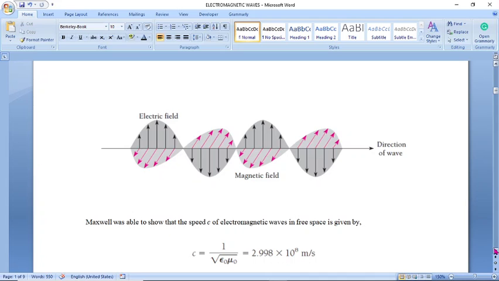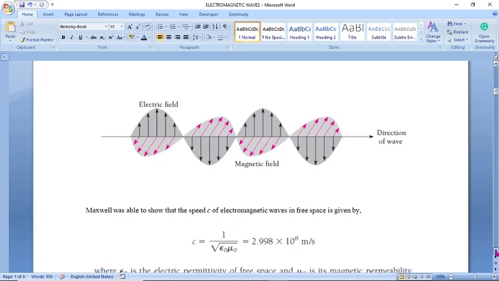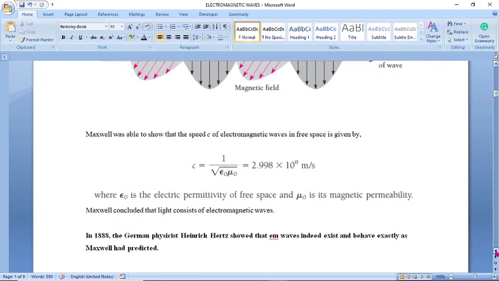And Maxwell showed that electromagnetic waves travel in free space with the velocity of light, which is c equal to 1 by square root of epsilon 0 mu 0, which is equal to 2.998 into 10 power 8 meter per second.